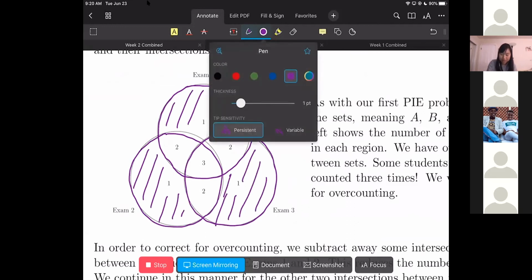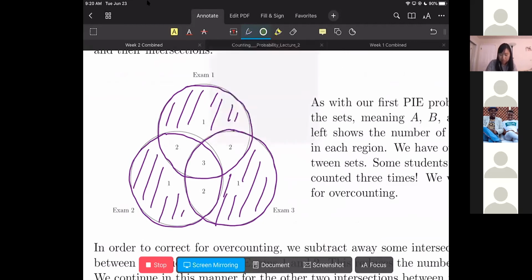However, we're going to count everything in this section twice, this section twice, and this section twice. And then we're going to count this section in the middle 3 times because it's within each of the circles.